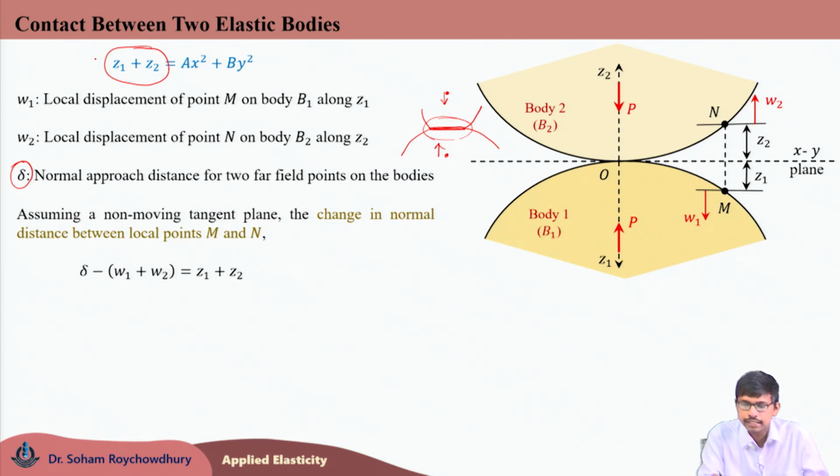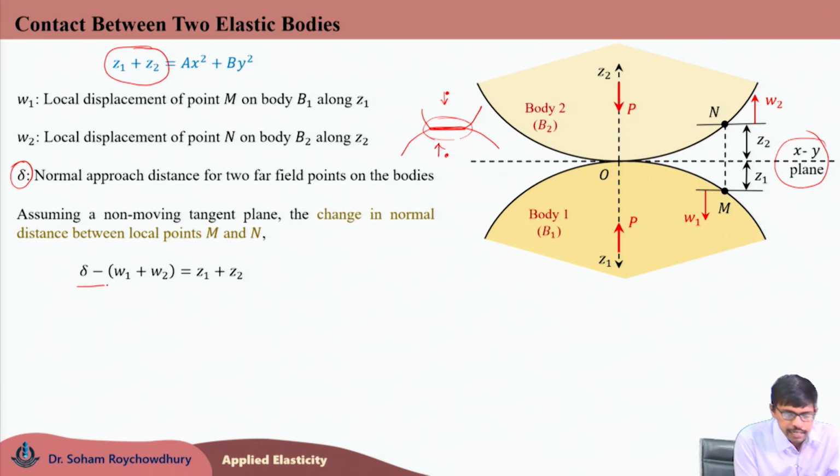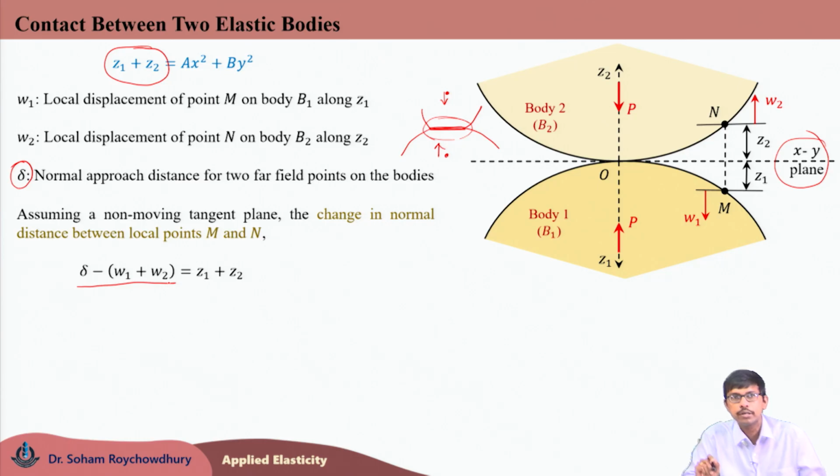If we assume our tangent plane, this xy plane, to be the datum, that is a non-moving one, remaining where it is, the top body is coming down, and the bottom body is going up due to application of this normal load P along Z1 and Z2 directions. So, for that we can write that the far field displacement delta minus the summation of local displacements W1 and W2 predicted by elastic half space deformation theory should be equal to Z1 plus Z2. This gives us the change in normal distance between these 2 points.